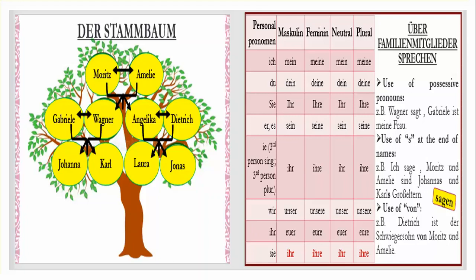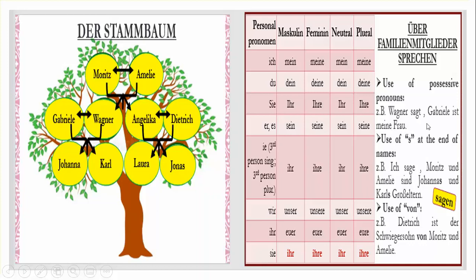So for example, Wagner sagt, Gabriele ist meine Frau. So Wagner is saying that Gabriele is my wife. Meine is used as the possessive pronoun here.